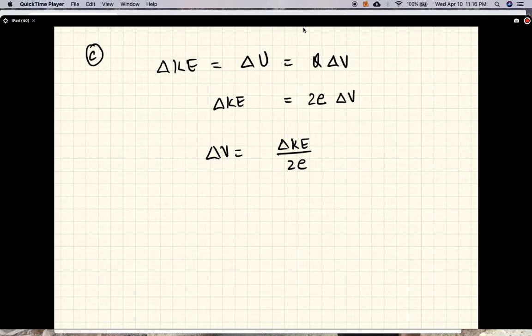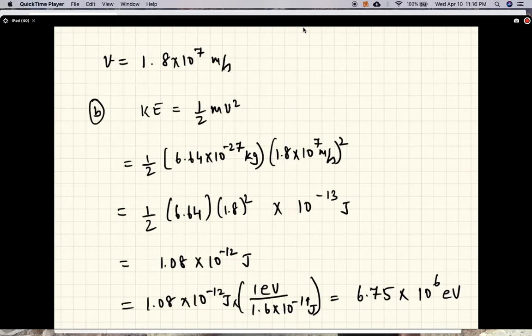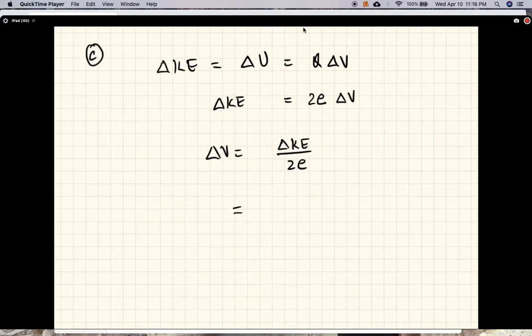Okay, so here's how we'll do it. The change in kinetic energy is 6.75 times 10 to the power 6 electron volts, divided by 2e.